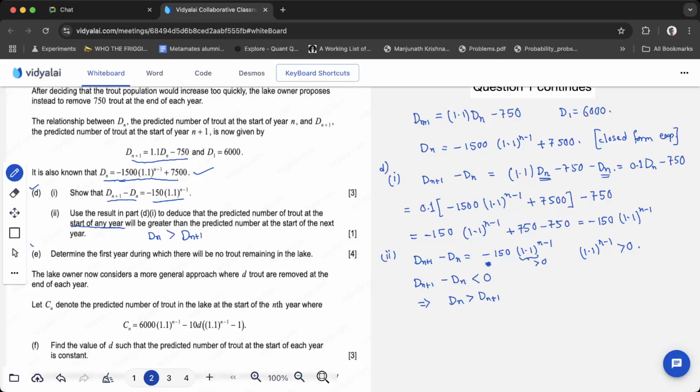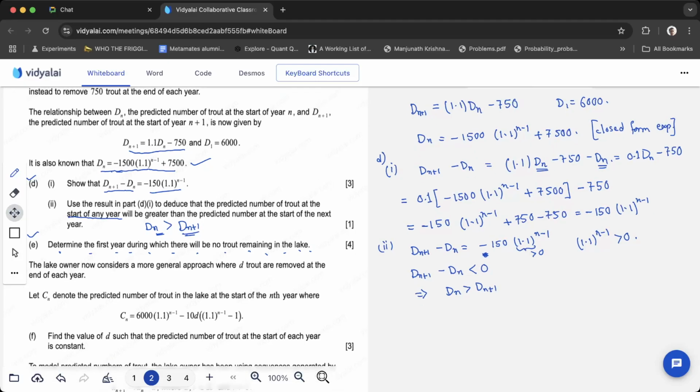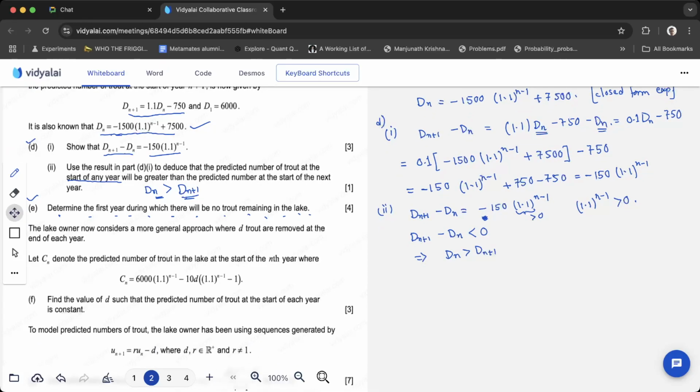And the next part approaches exactly that point: determine the first year during which there will be no trout remaining in the lake. If each year the population keeps decreasing, then there will be some point that the lake will be out of trout fish. So let's think about how we can solve this problem.